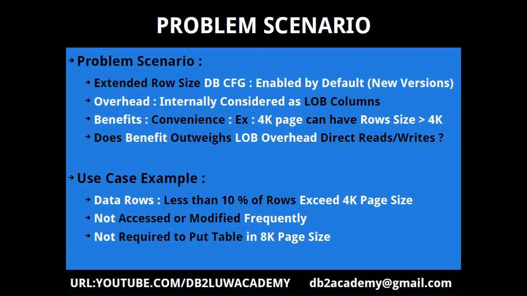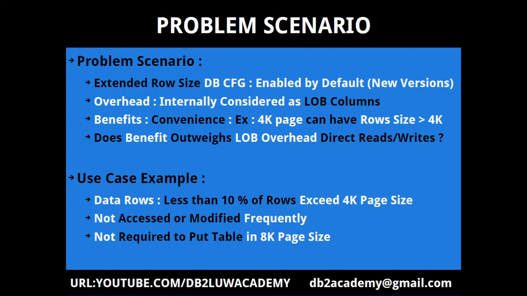Particularly if you have 100,000 rows of data in a table, and only 1,000 rows are exceeding the page size limit, which is 4096 bytes for a 4K page size. In that scenario, if you don't have that feature, you will have to put that table in an 8K page size, just because of those 1,000 rows.